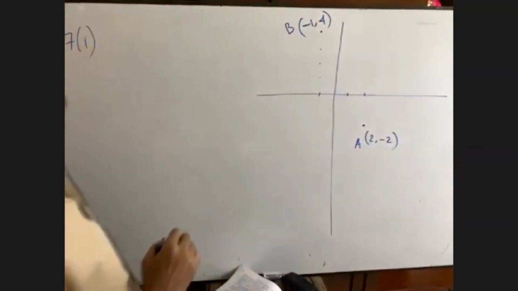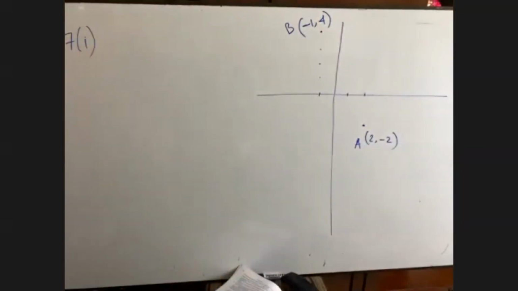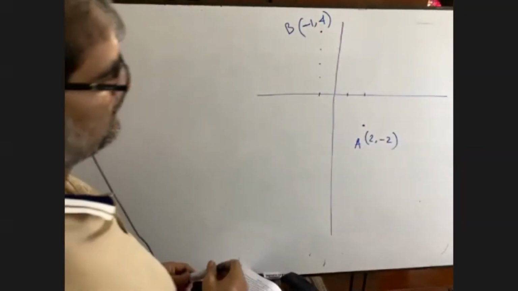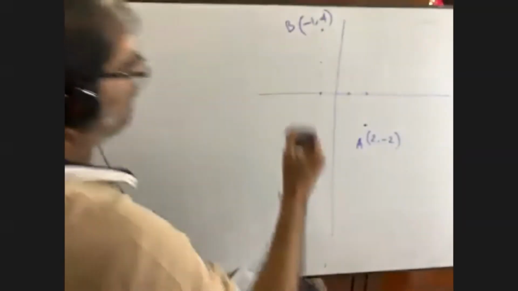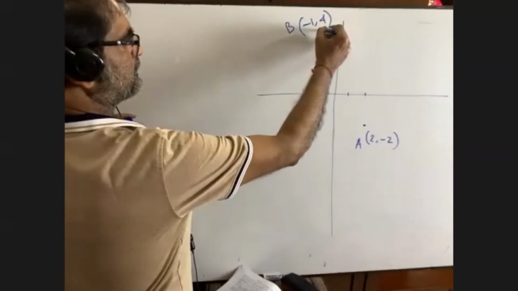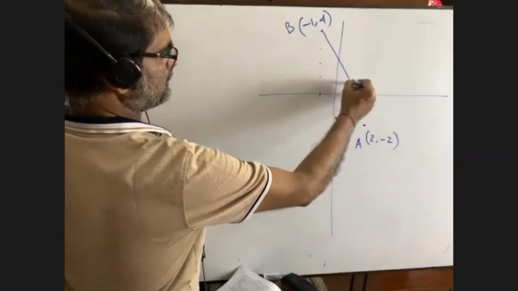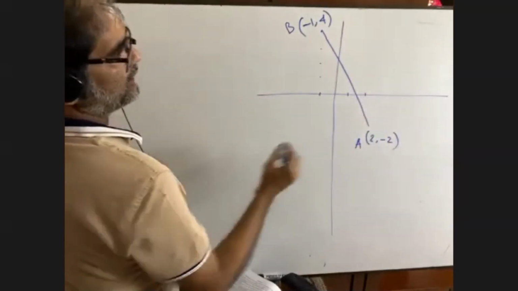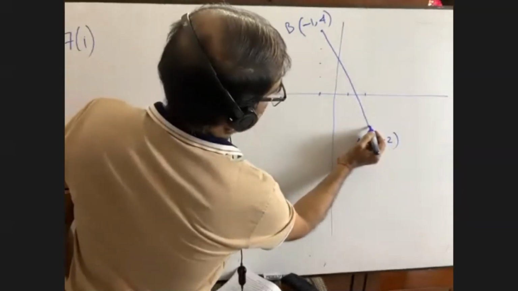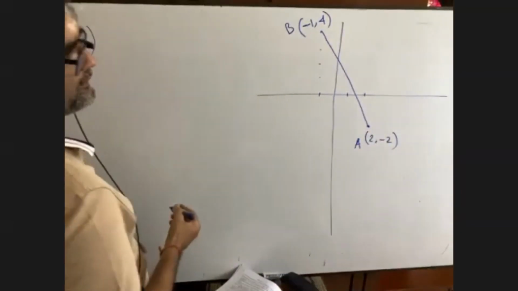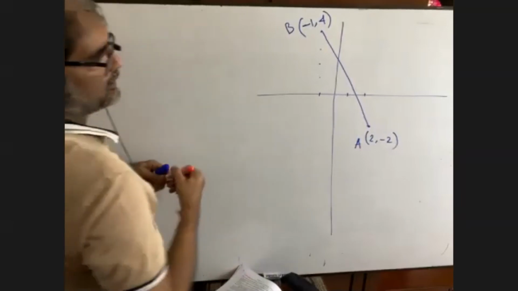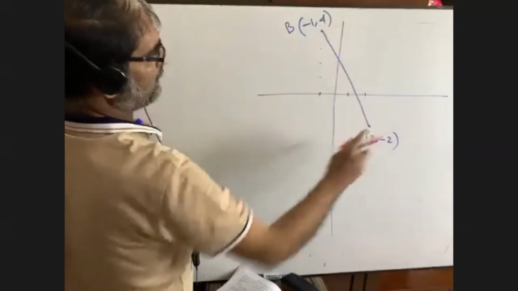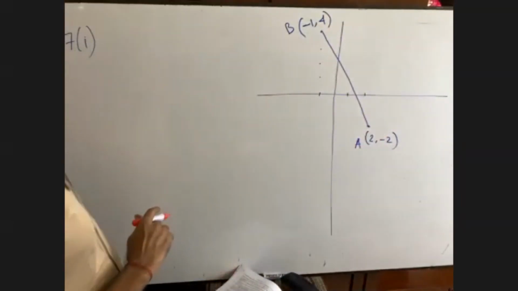What is told here? You know what is told here? We have to join this. Suppose we have joined this. In this question, it is told that this straight line AB has been divided by the x-axis and y-axis.